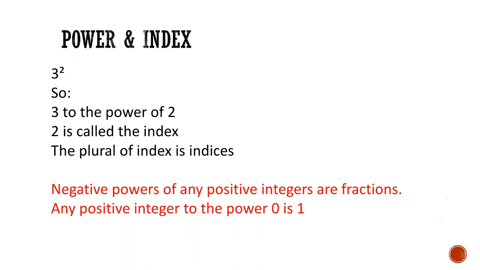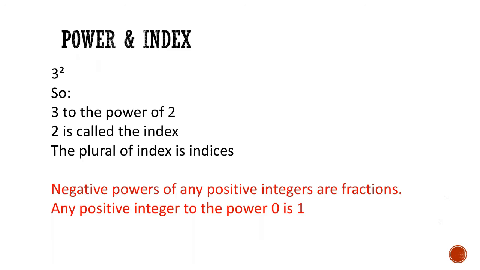So if it's a negative index, negative power, it is equal to 1 over 3 to the power of 2, and it is equal to 1 over 9.